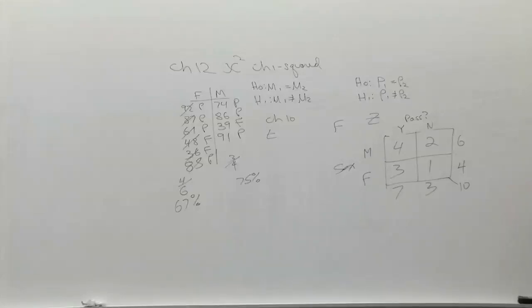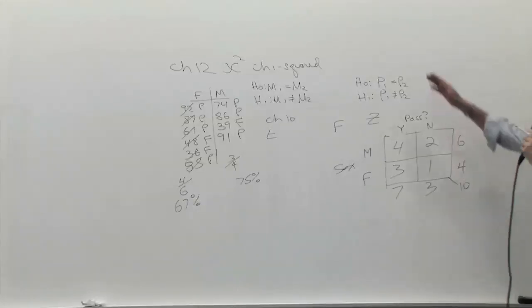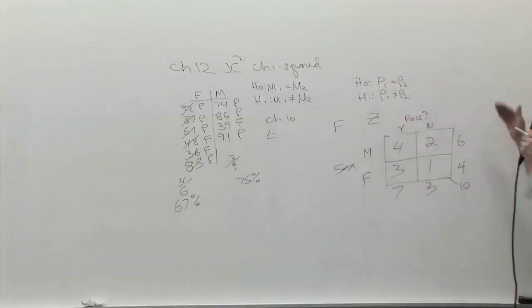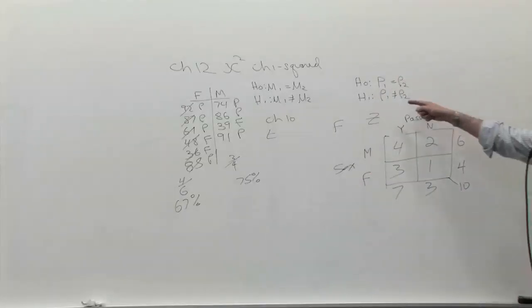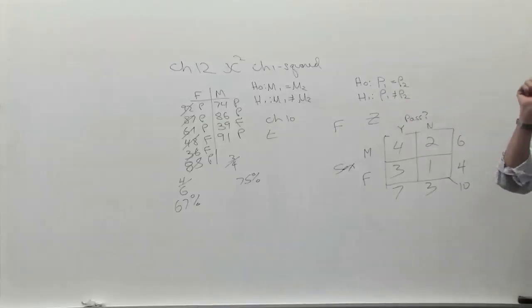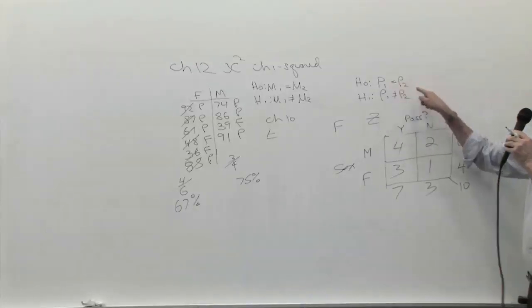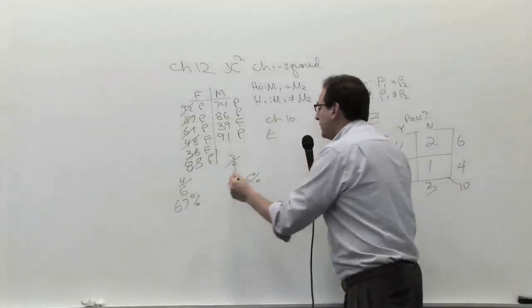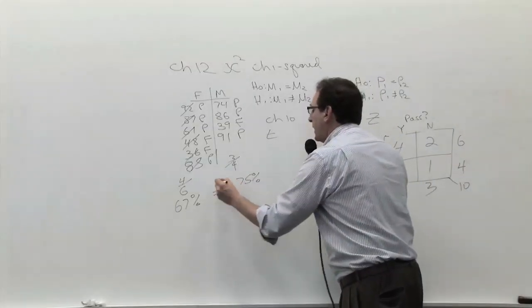So how would you solve this problem? Basically answer the question, is the percentage of males passing equal to the percentage of females? Recognizing that this was another branch of mathematics, if it turns out to be even off by a little bit, you would say that the numbers are different, and 67 is not the same as 75. Is it the same? We want to know.